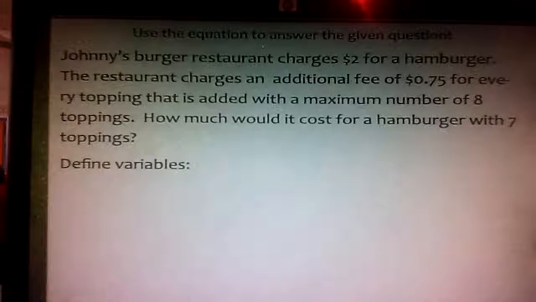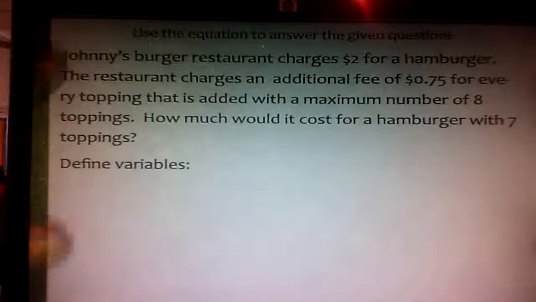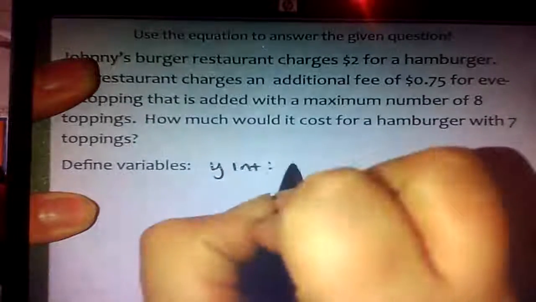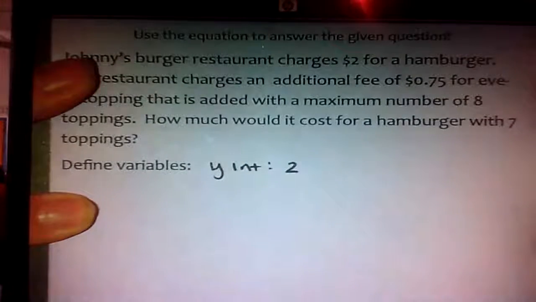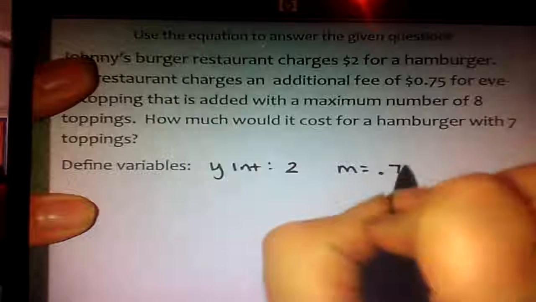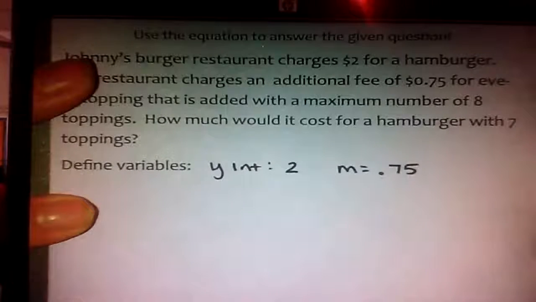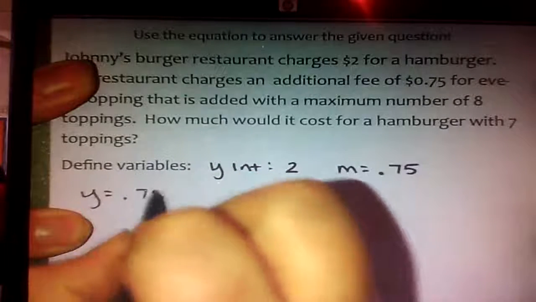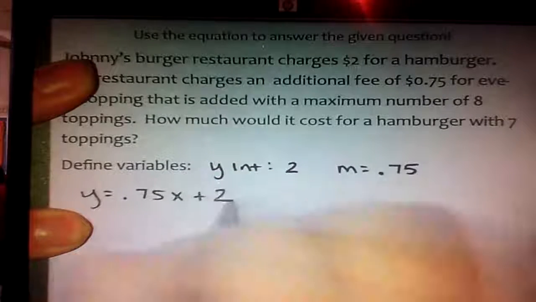What's never going to change? $2. No matter what you do, they're getting charged $2. What's my slope? 0.75. Okay, so y equals 0.75x plus 2.